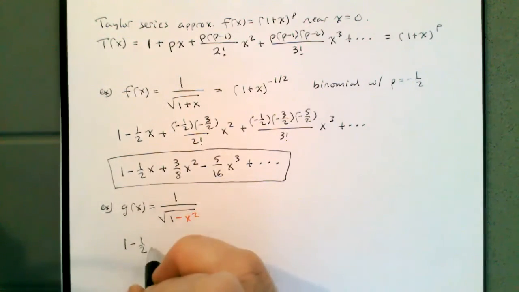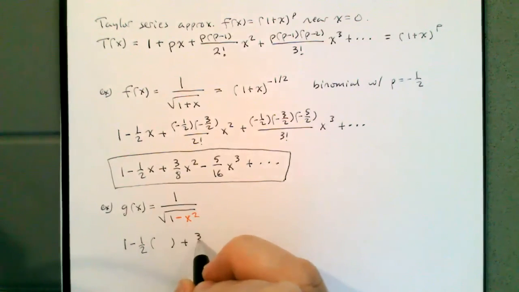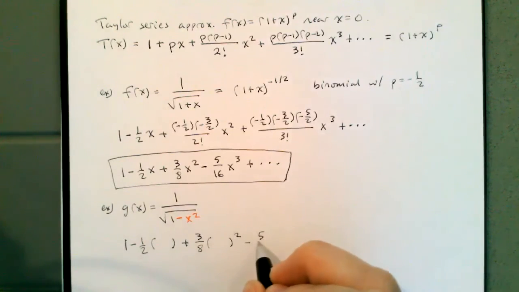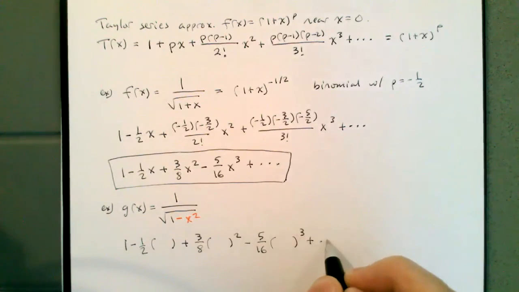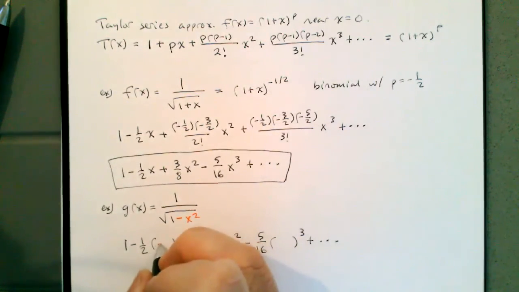I've got the coefficients sorted out. I'm just going to replace all these x's with minus x squareds.